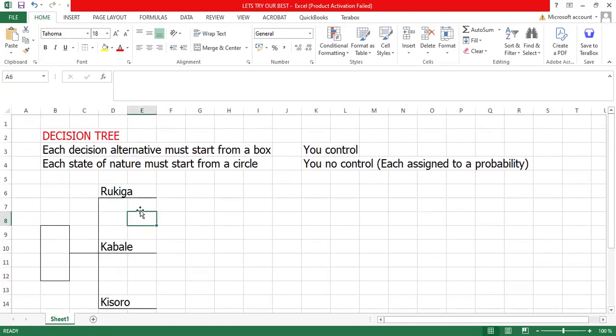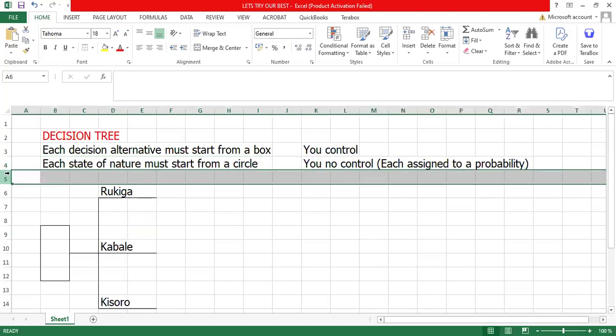Once you present your decision alternative, go ahead. Remember, each decision alternative must be affected by the state of nature. If you have 3 states of nature, all 3 must affect your decision alternative. How many states of nature do we have in the question? 3. So I must present my states of nature, and each state of nature must start from a circle.